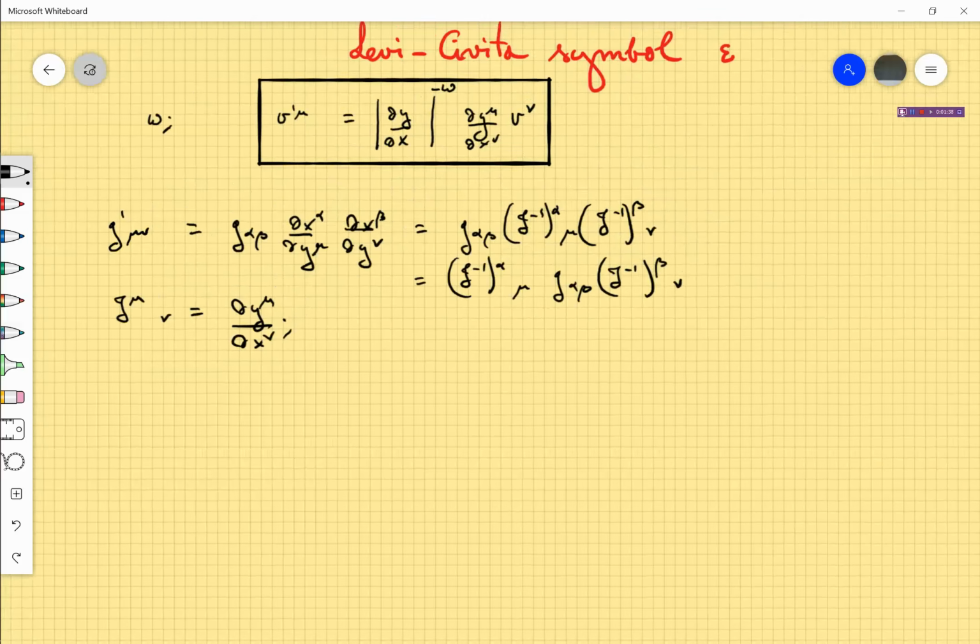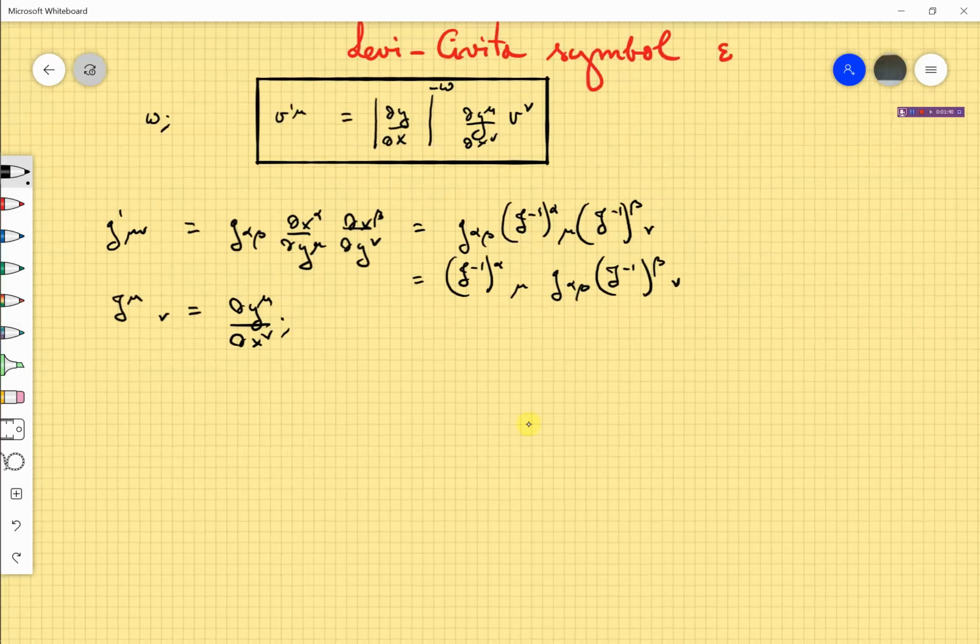And then I observe that in the last two terms I am contracting the second index of this matrix with the first index of this matrix. This corresponds to the standard multiplication rule of two matrices. So this will be g multiplied by J minus 1, with free indices alpha and nu that I'm not going to write. If I needed to write them, these would be the first and the last index, alpha and nu.